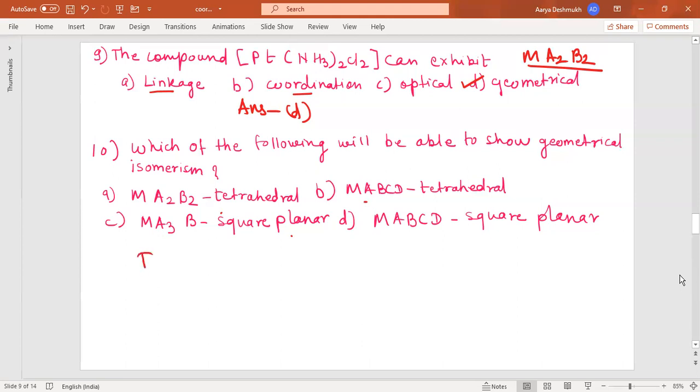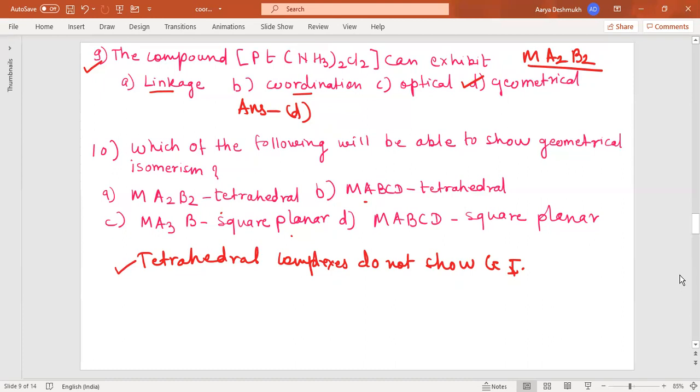Now remember here, tetrahedral complexes do not show geometrical isomerism. Just as in the earlier question I told that square planar complexes do not show optical isomerism, whereas tetrahedral complexes do not show geometrical isomerism.